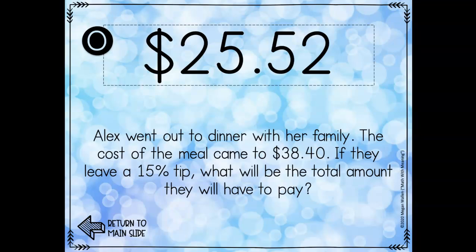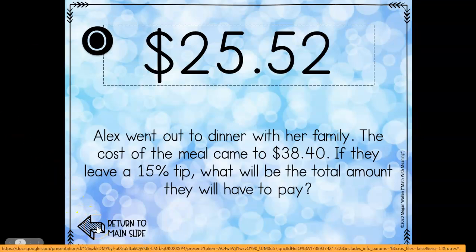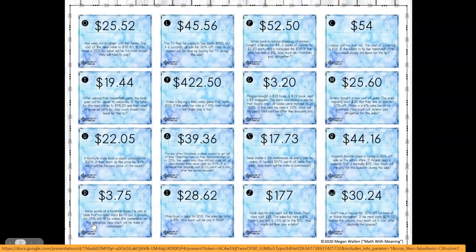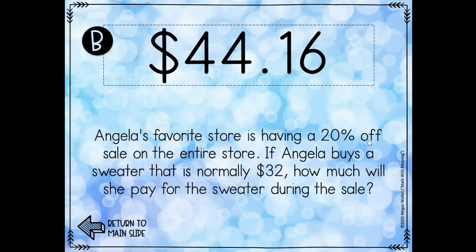So you've got your calculations in your head. Once you've got your calculation, you think you've got the answer, if you click on the arrow to go back to the main slide, hopefully, hints being given here, you got 44.16, and what you would do is click on that one.